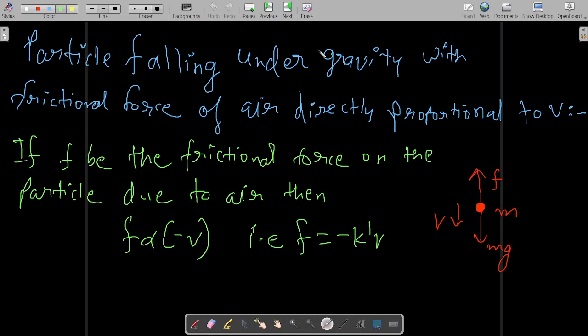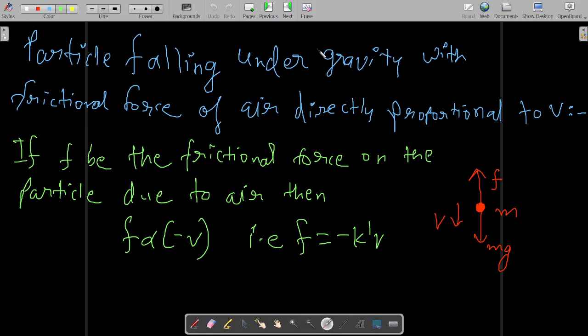Now why am I making you imagine the moon? There is a reason behind it. Suppose you drop a ball from a certain height on the moon, the ball will fall down. You must know that the moon does not have any atmosphere.